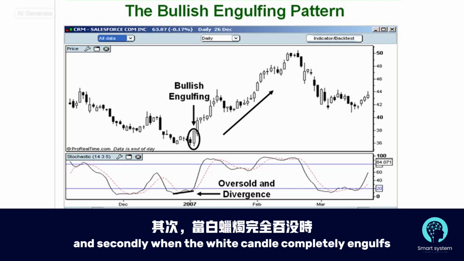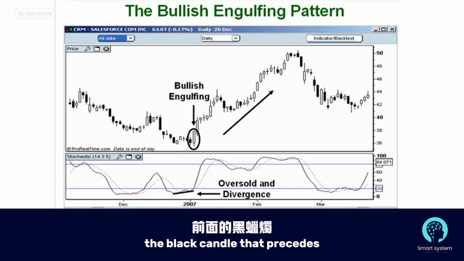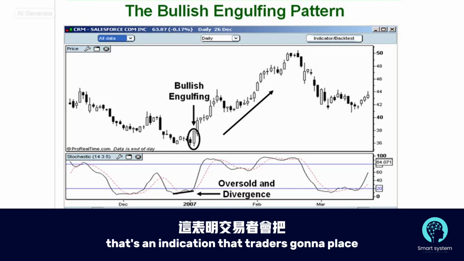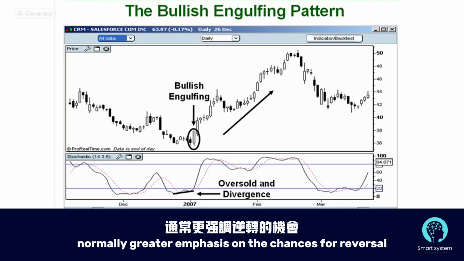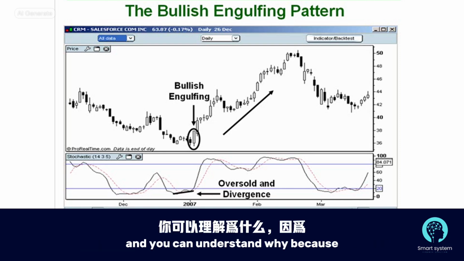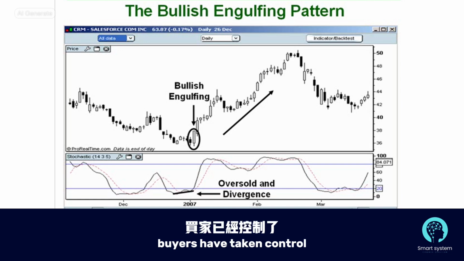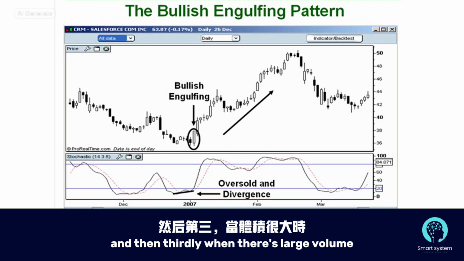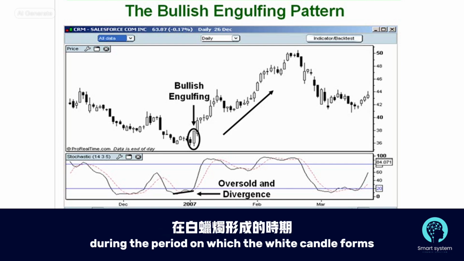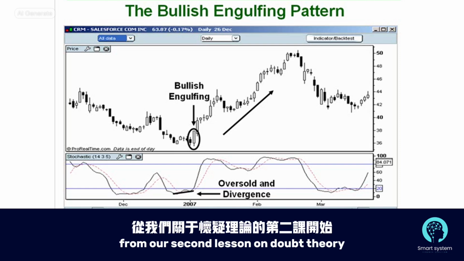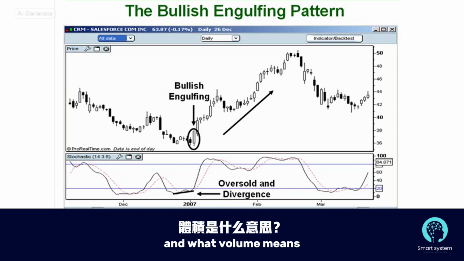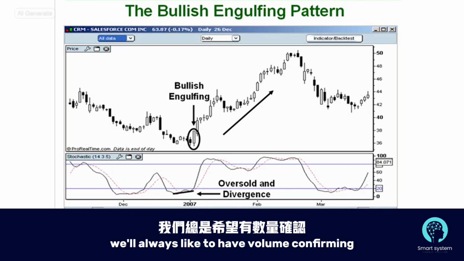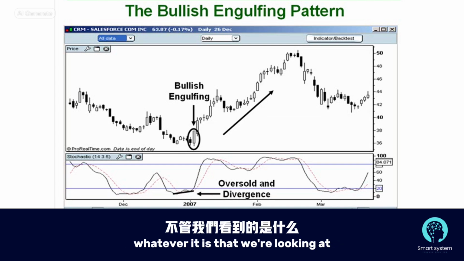Secondly, when the white candle completely engulfs the black candle that precedes, traders normally place greater emphasis on the chances for reversal, because that's an indication that buyers have taken control even more forcefully. And thirdly, when there's large volume during the period in which the white candle forms. If you remember from our second lesson on Dow Theory and what volume means, we always like to have volume confirming whatever it is that we're looking at.